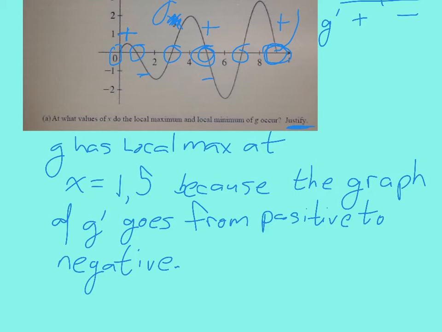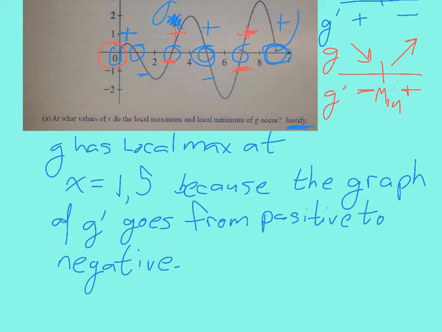Now we can do the same thing if we look for minimums. So when we look for minimums, if we go from negative to positive, we're going to get a minimum. Again, anytime we've gone from negative, where the original was going down, to positive in our prime, we're going up, that was a minimum value. So negative to positive, negative to positive.